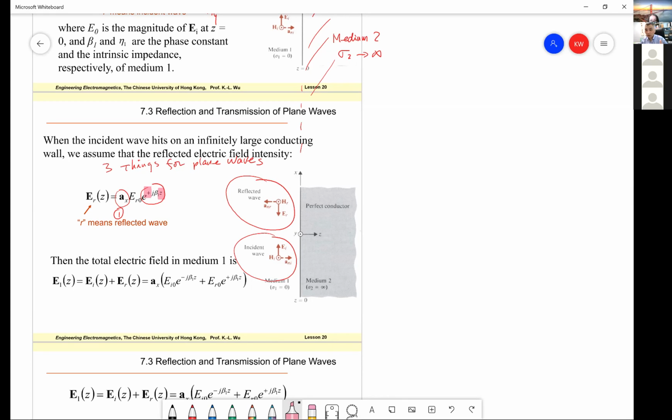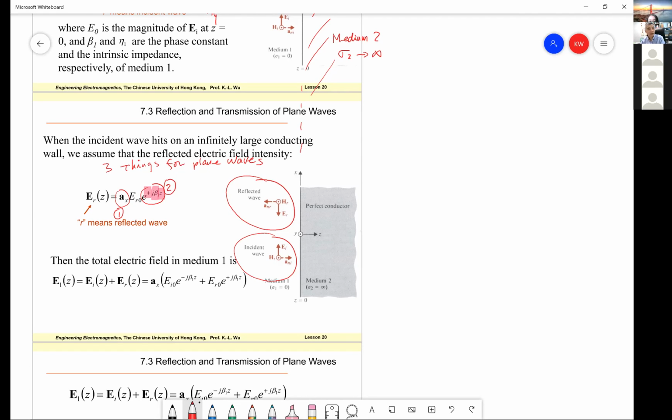And also because the reflected wave propagates in the same medium, the propagation constant beta should be the same as the incident wave. Same medium, right? So same beta. So I also use beta 1. So I answered the second part.